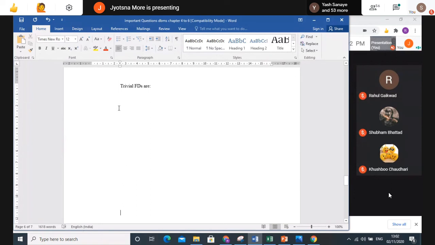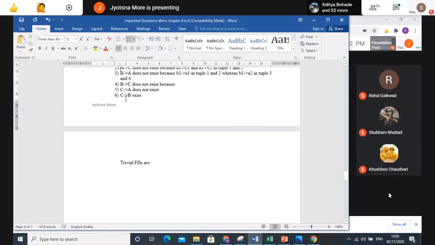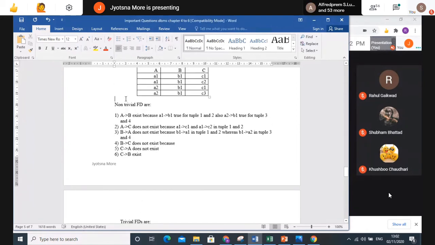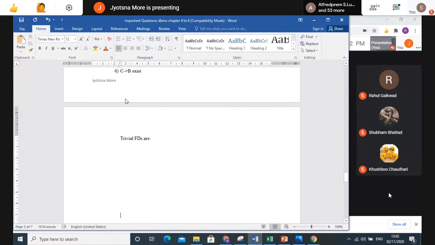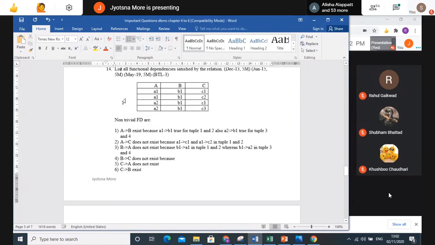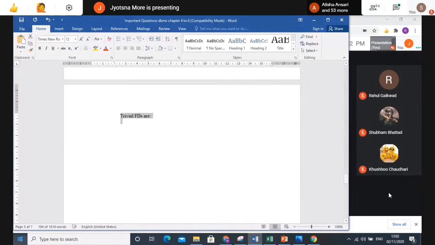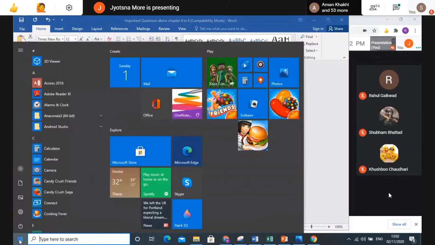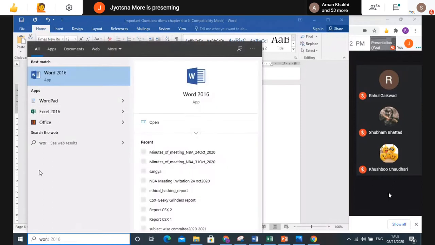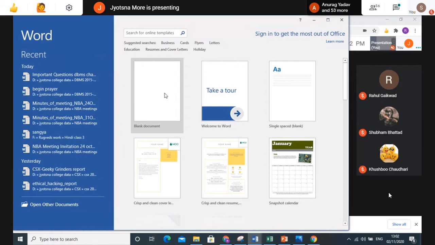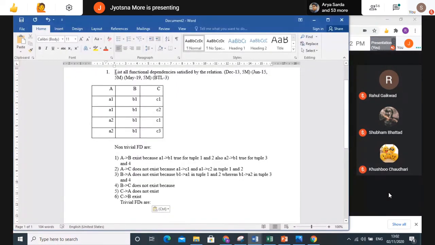So based on this table, I'll do one thing, I'll copy this question somewhere else. Fine. So now we have to go for trivial functional dependency.